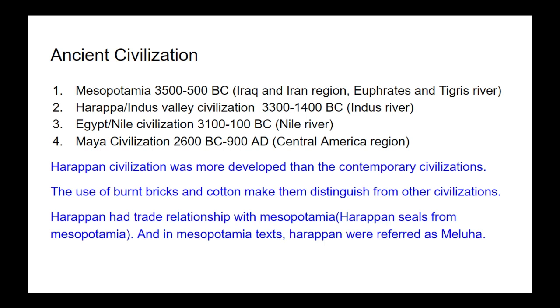As you can see, the time periods of Mesopotamia civilization and Harappa civilization are almost contemporary. So Harappa had trade relationship with Mesopotamia. We found Harappan seals from Mesopotamia civilization, and in Mesopotamian texts, they used to refer to Harappan people as Meluha.